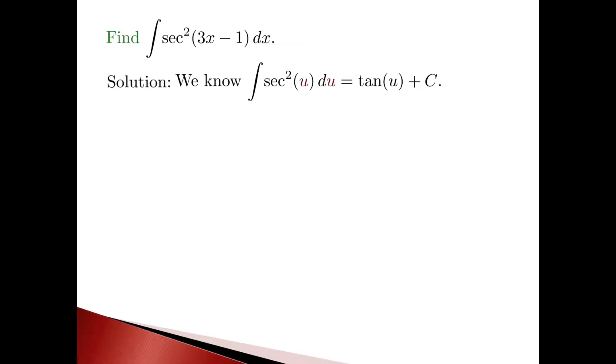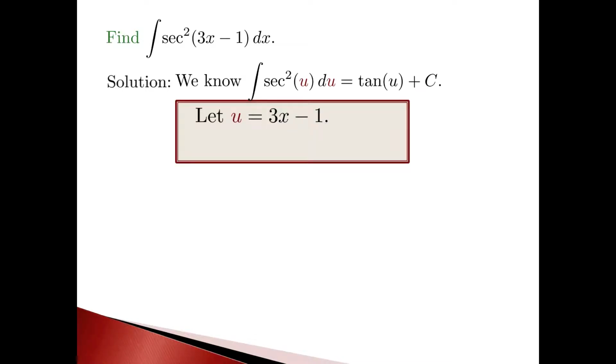I'll let u be that stuff inside the secant squared. Then if u is equal to 3x minus 1, take the derivative, du would be just 3 dx. I could solve for the dx and turn that into 1/3 du.